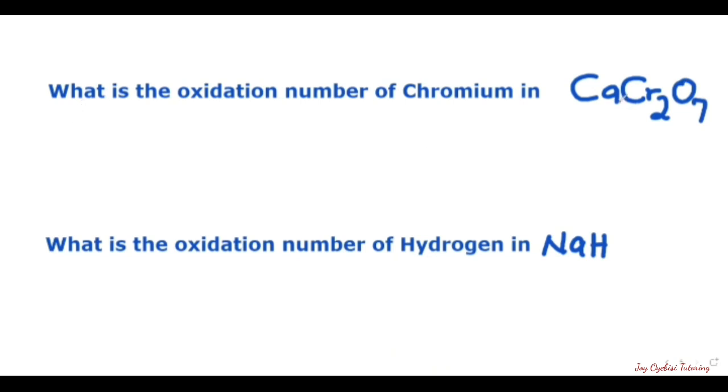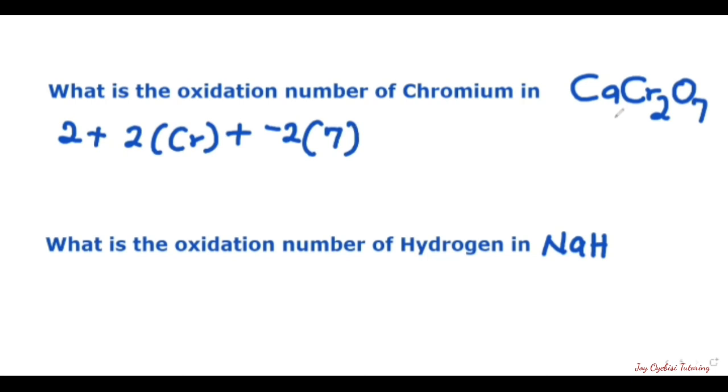Okay, so it means that this will be 2 plus, we do not know what chromium is, so we have 2 in front multiplied by this, then plus, in this case oxygen is -2, so you have this multiplied by 7, and this is a neutral compound, so everything has to be equals to 0. Okay, we can do the shortcut, make sure everything here equals to 0, and that will give you an idea of what this is going to be.